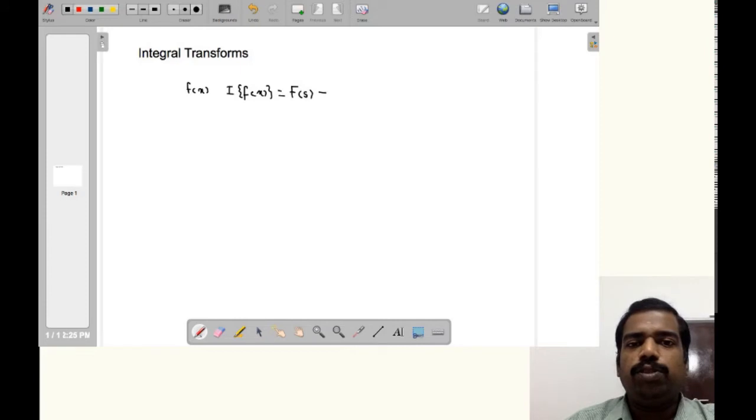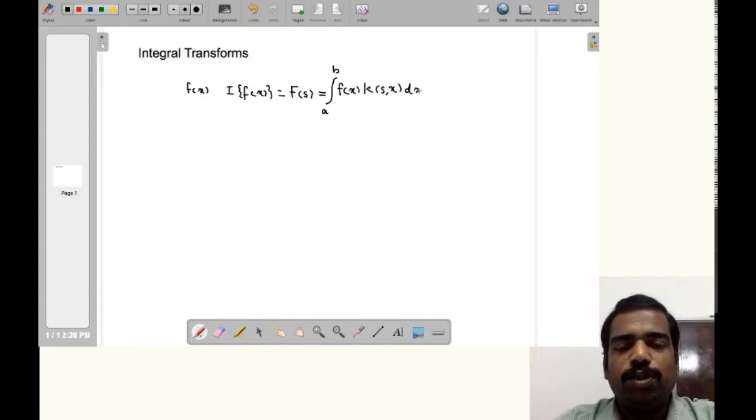It is equal to the integral from a to b of f of x into k(s, x) dx. So this is the general form of the integral transform of a function.